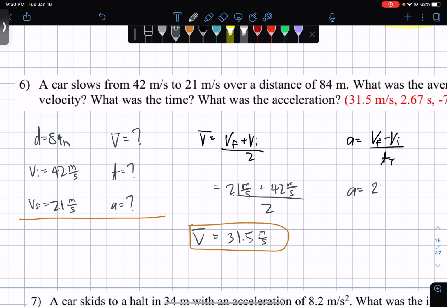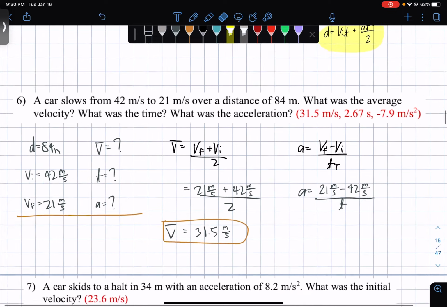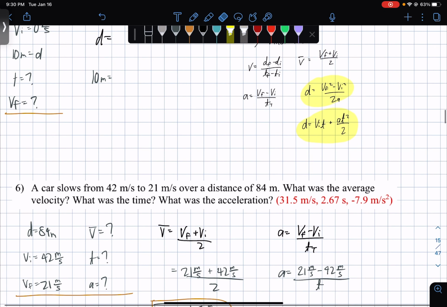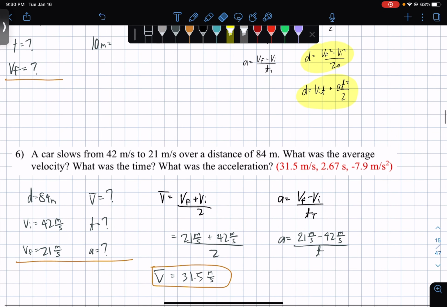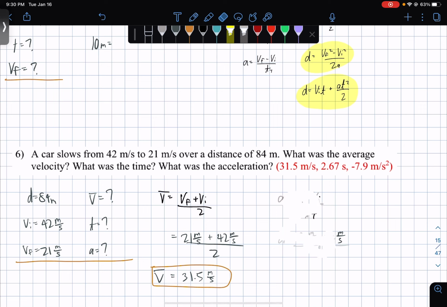VF is 21 meters per second. VI is 42. Time is missing. Oh shoot. Okay. We don't have the time.